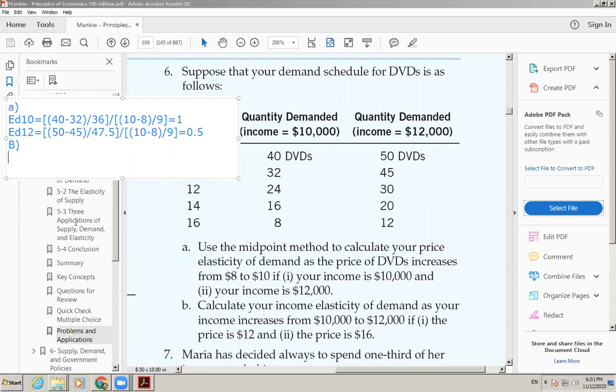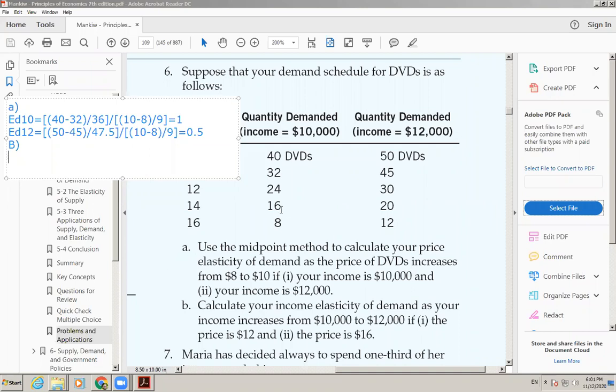If you remember, the difference between income elasticity and price elasticity is that in income elasticity, we take the change in quantity divided by the change in income, but in price elasticity, we take the change in quantity divided by the percentage change in price. The only thing we're doing here is dealing with income, so our income is changing from 10,000 to 12,000.